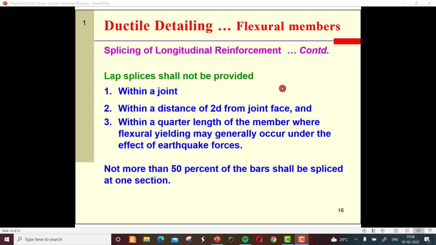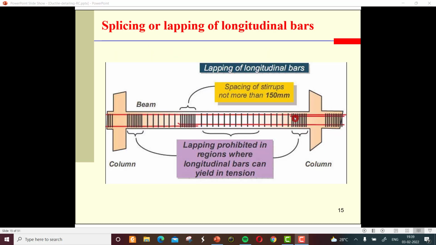In the case of ductile detailing, lap splices shall not be provided within a joint, as these are regions of highest bending moment, or within a distance of 2d from the joint face. That is, from the joint, two times the depth of the beam, this zone should not have any lapping.